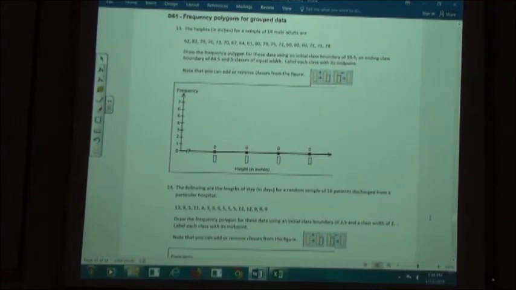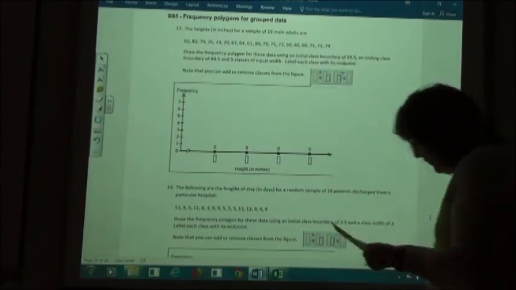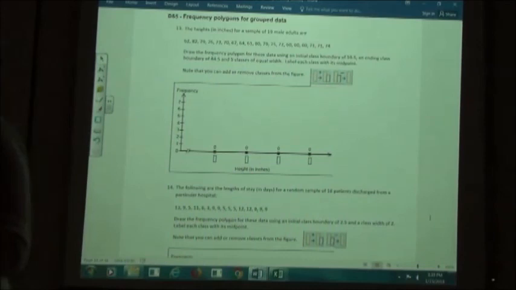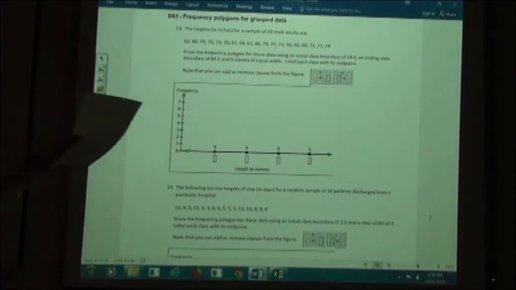Frequency polygon for our group data. Have to make sure I get my right numbers on the end. It says the heights in inches for the sample of 19 male adults are as listed.